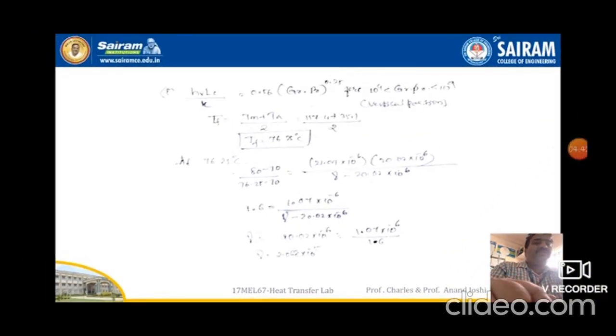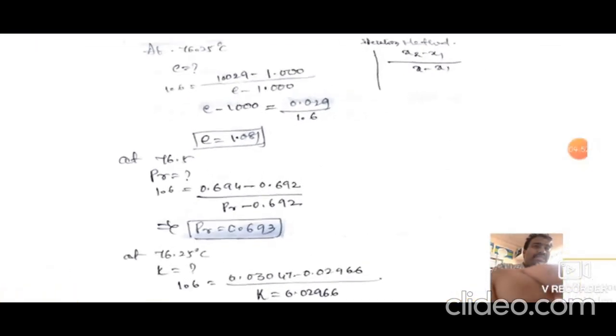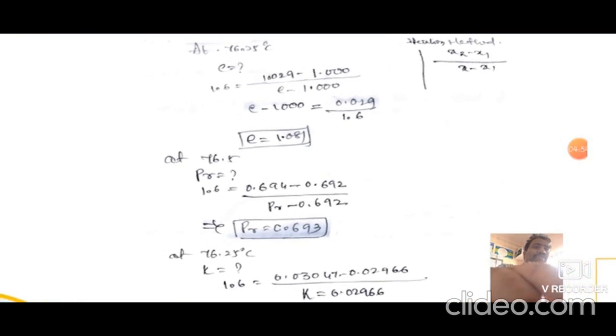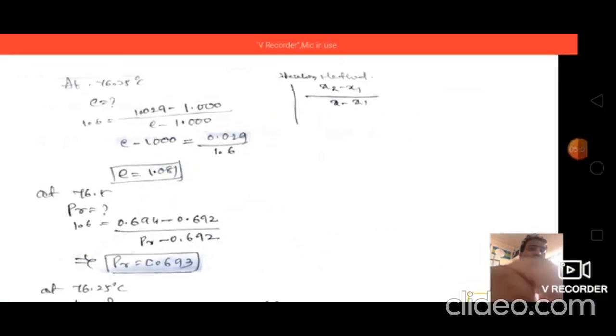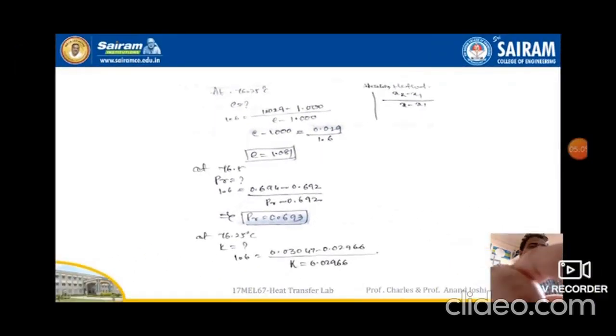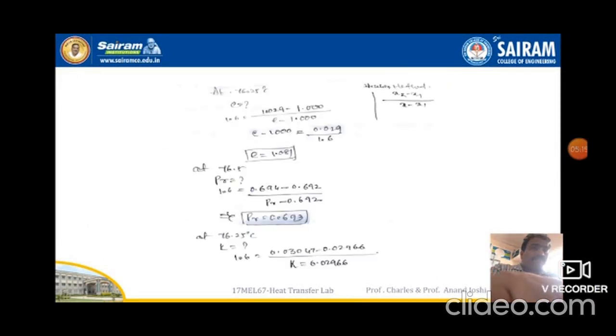Second, at 76.25 the density is 1.081 kg per meter cube. The Prandtl number we got is 0.693. The thermal conductivity we also calculate at that temperature.